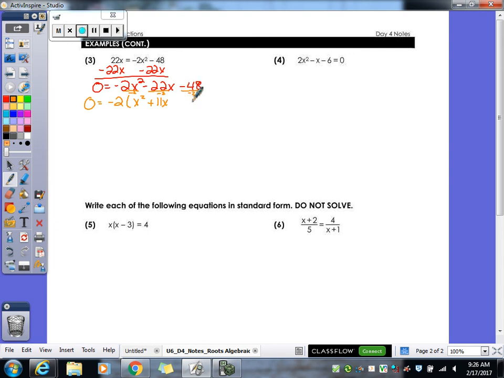Divide by -2, what do we get? Plus 24. Now we're going to do trinomial, because if you look inside the parentheses, we have a trinomial in there. I never taught you how to factor with a -x squared, so you couldn't. You had to do GCF first.